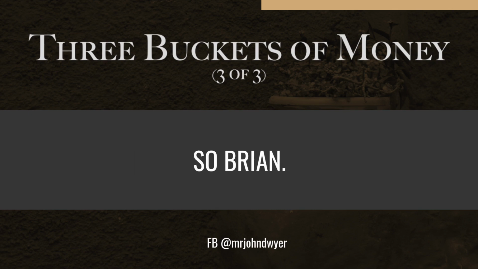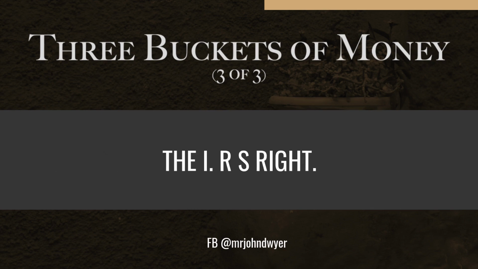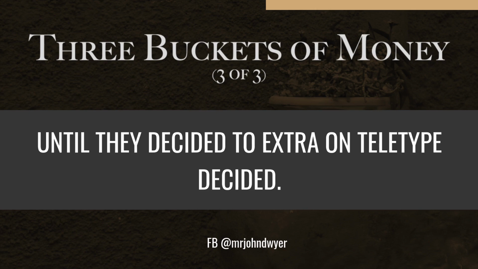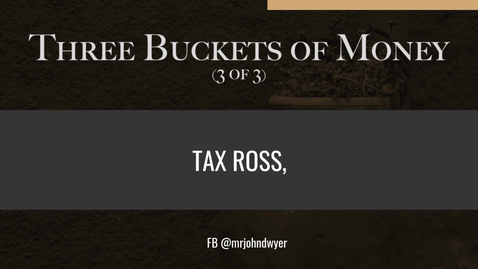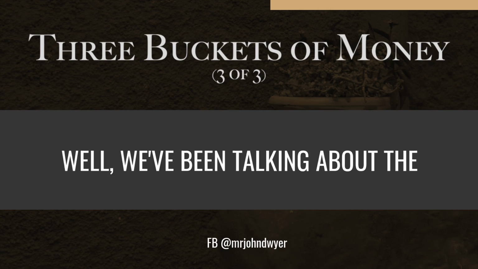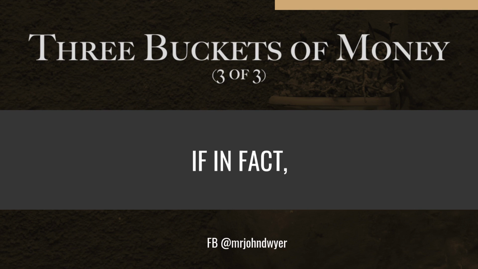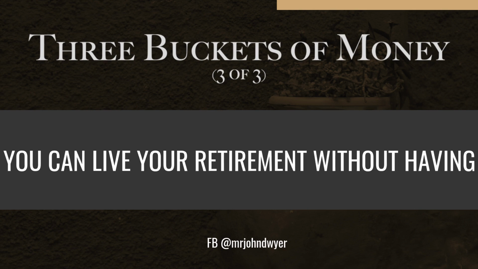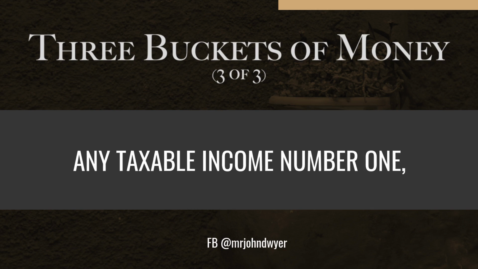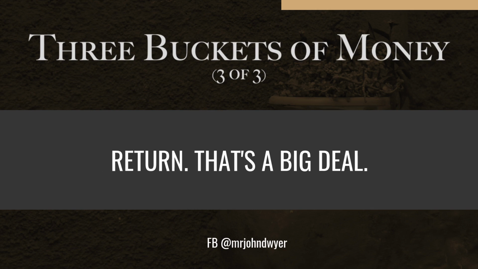Now, John, Brian, you're gonna ask me? Yeah, I'm going to ask you a question here. Brian, because this income is off the radar of the IRS until they decide to tax Roths, what else do we get from the benefit of this bucket? Well, we've been talking about the other two buckets, the effect that income has on the taxation of Social Security. If you can live your retirement without any taxable income, number one, you won't have to file an income tax return.